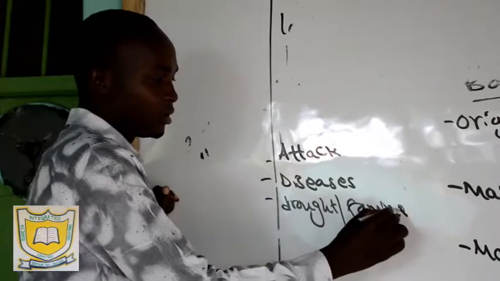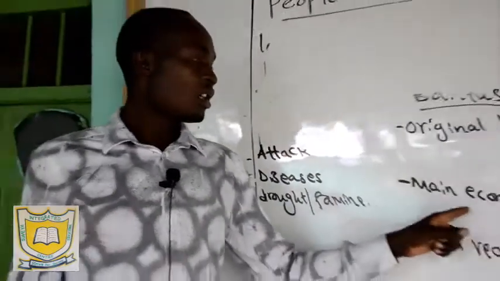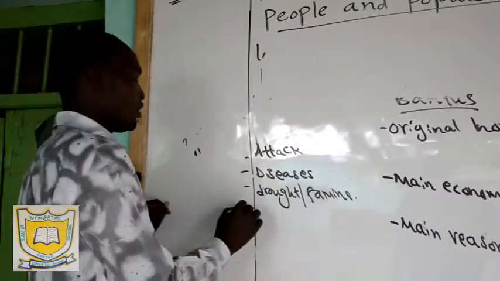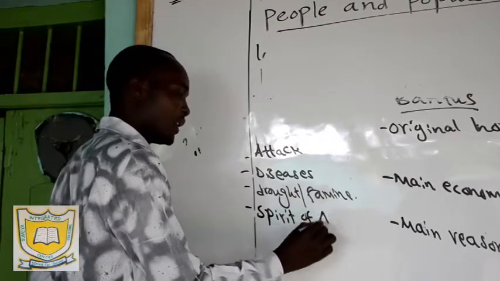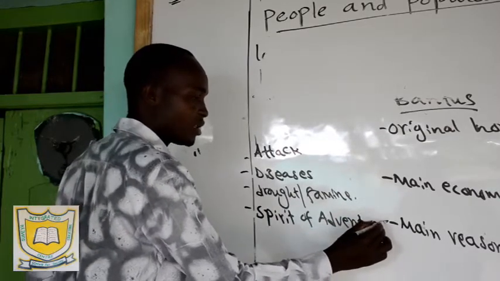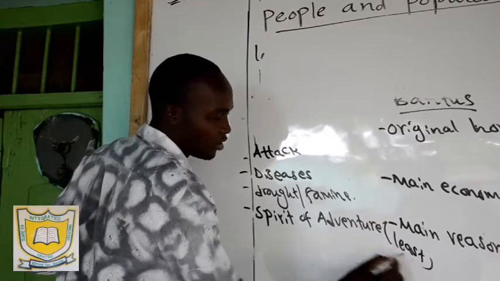Famine is hunger. So this also made these people migrate. But we are saying the main reason was to look for fertile land for cultivation. Then you have also what we call the spirit of adventure. I think this is the least reason for migration of the Bantu.